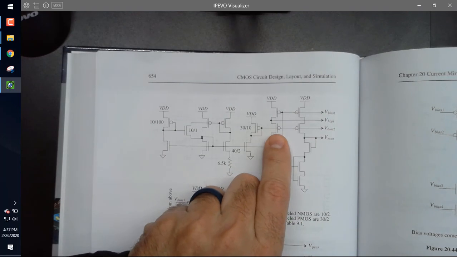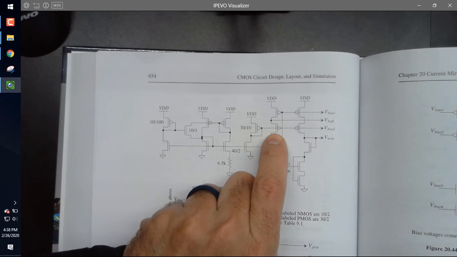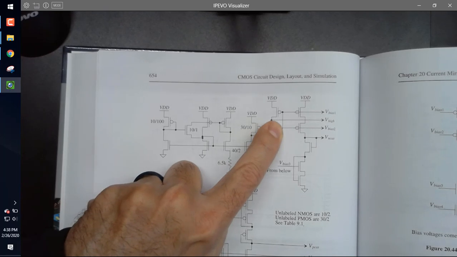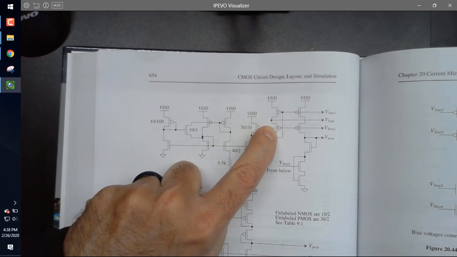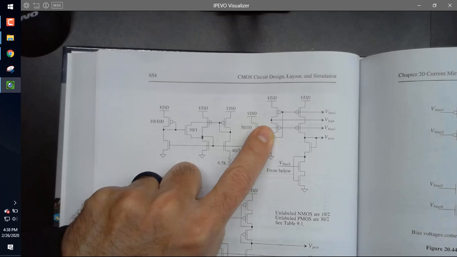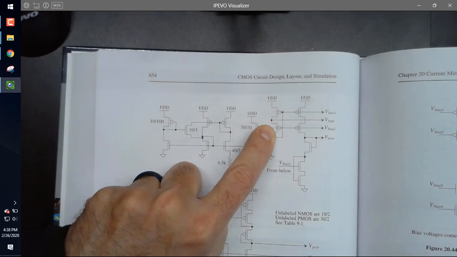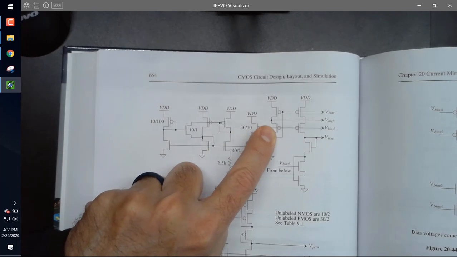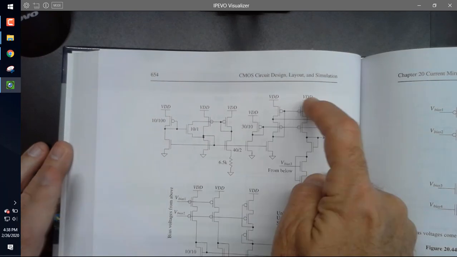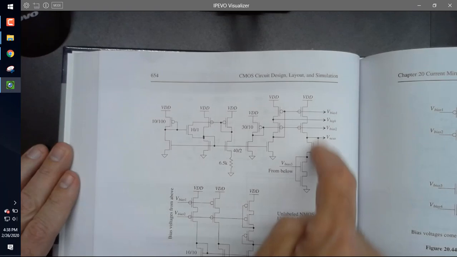So I'm going to ask you a depth question I've covered several times now. I want you to tell me, what's the point of this device right here? In simple terms. No, there's the current mirror right there. Okay, one more time. This device will act to make this source to drain voltage the same as this one so the currents track.